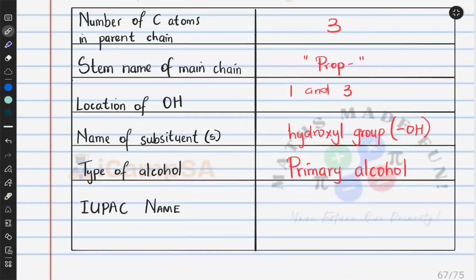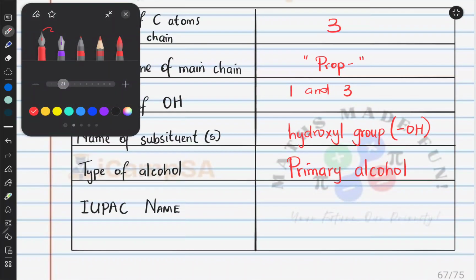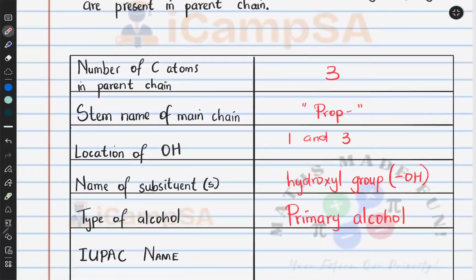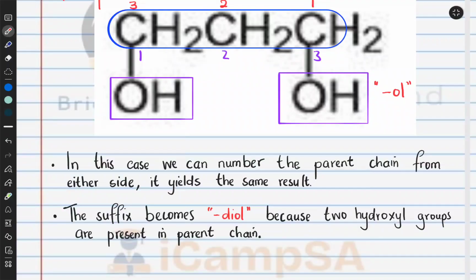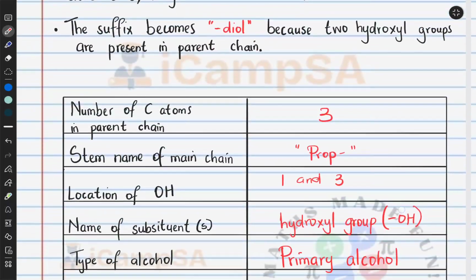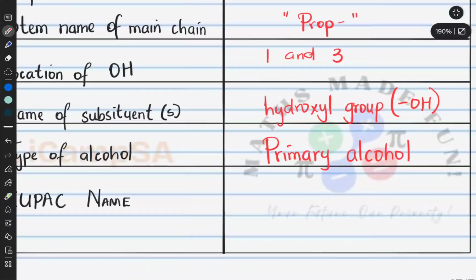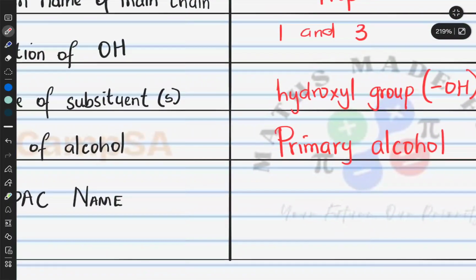Okay, so let us work on the IUPAC name now. Since there are no other substituents, so there's no methyl, ethyl, or any other alkyl group or any halogen substituents, we will just go straight to the locations of the hydroxyl groups, which happen to be 1,3.